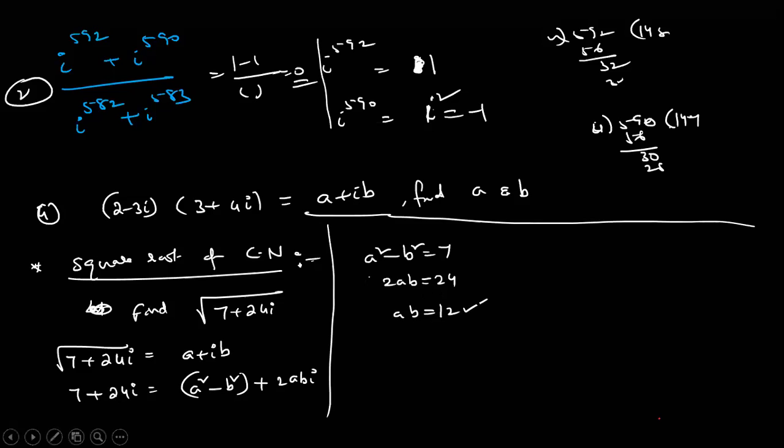Fine. How to simplify the remaining values? Anyone? Here ab is there, a square minus b square is equal to 7 is there. What do we have? Anyone? Just a minute. Yeah, dear students, apply modulus.